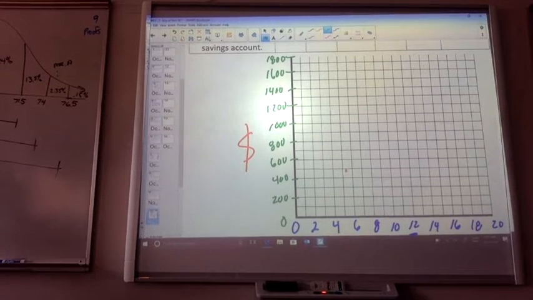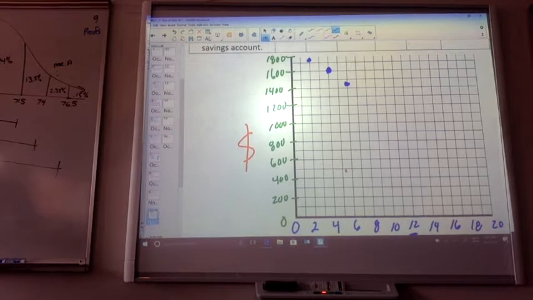All right, so at 2 weeks into our adventure of school, I had $1,750. About right here. Agree? Yep. And then at 4 weeks, I had 1,600. At 6 weeks, I had 1,450.